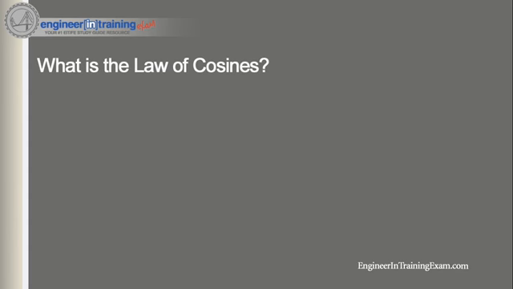So how do we remember the equation of the law of cosines? There is one thing we can do. First, we just got to know that it essentially is the Pythagorean theorem with some extra making it work for all triangles. So the Pythagorean theorem, you know, is a squared plus b squared is equal to c squared, and we know that this only works for right triangles.